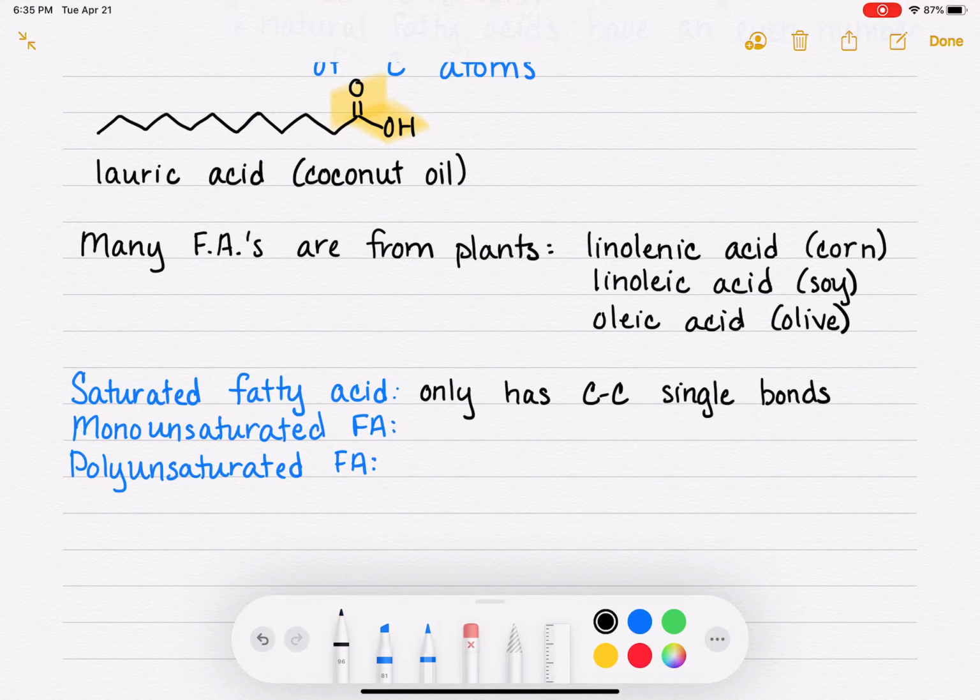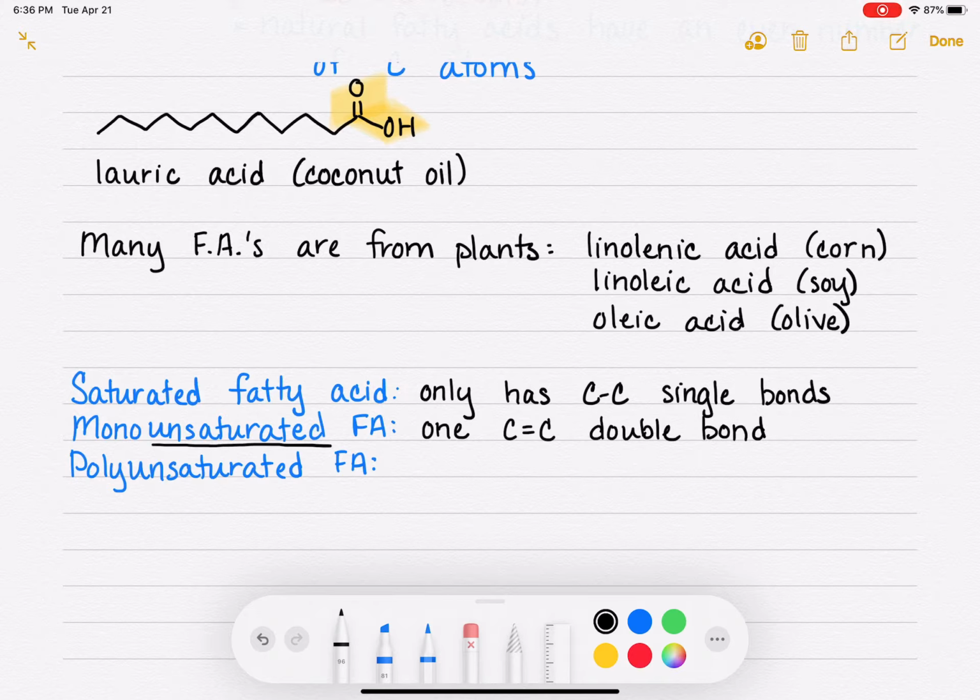Unsaturated means double bonds. So a monounsaturated fatty acid has one from the mono part and one carbon-carbon double bond from the unsaturated part of the name. So one carbon-carbon double bond in the molecule, and we call it monounsaturated.